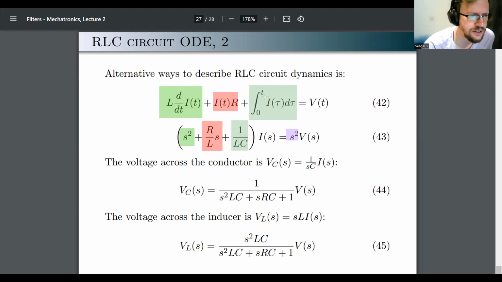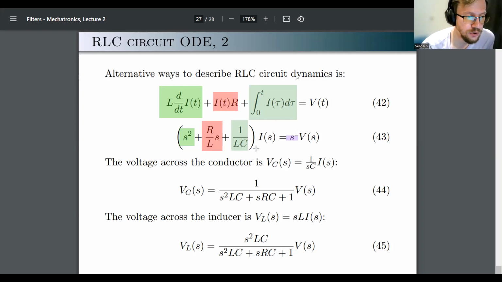No, I think it's a typo. Here, what we should have is just S, just S. Not S squared, just S. That would be correct because we multiply by S, not by S squared.